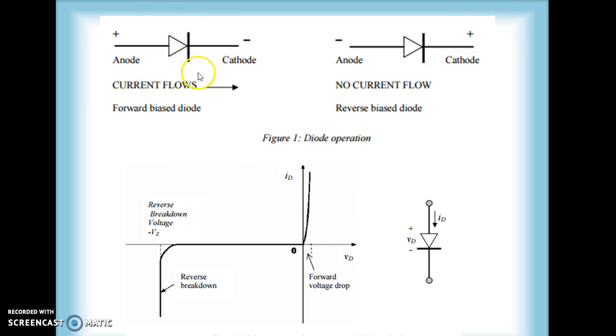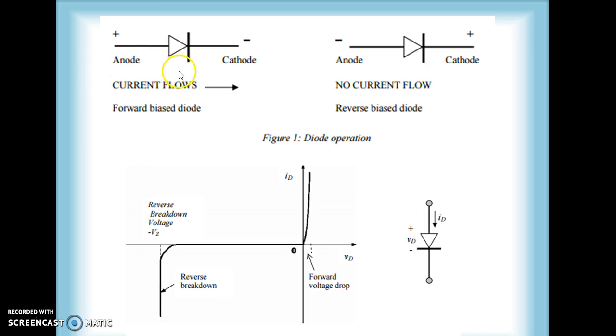In other words, whenever a diode's anode is made positive with respect to its cathode, it becomes forward biased, and current starts to flow through the diode in the direction from anode to cathode.